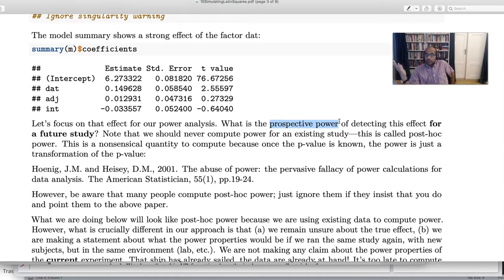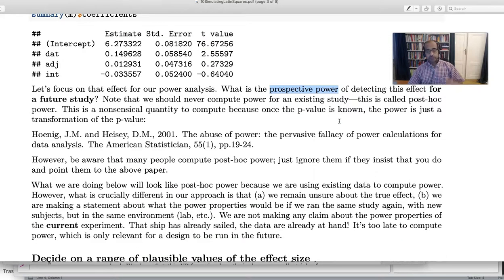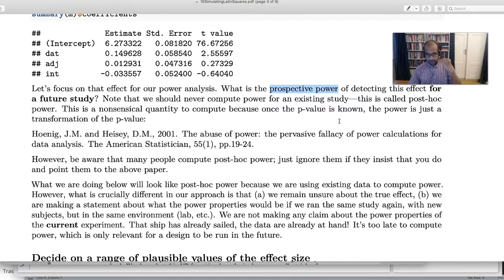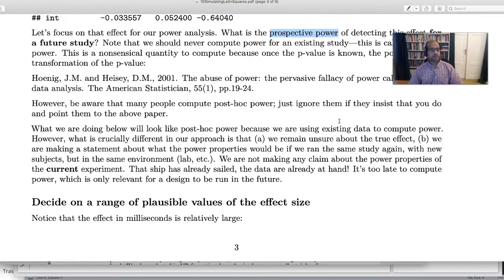But if you want a starting point for doing a power analysis, we need to start somewhere, right? We have to make some commitment about the parameters that we will assume when we do the power analysis. So that's the purpose of this power analysis that I'm going to show you. It's a prospective power analysis.